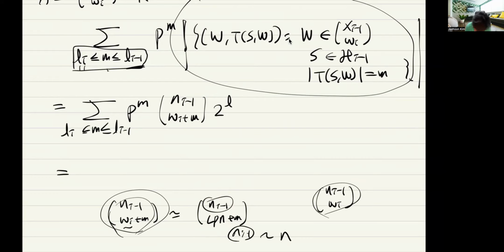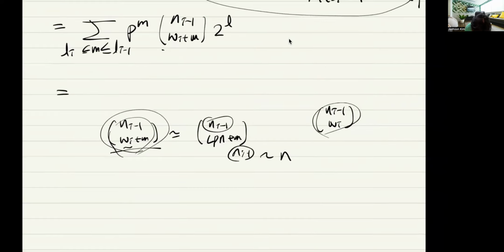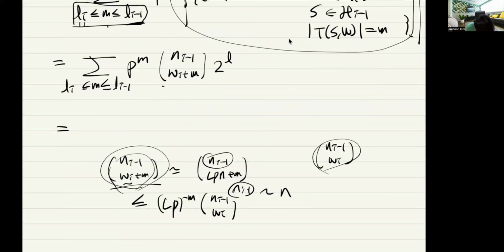And you will see that this is at most L times P to the negative M times Ni choose Wi. And this one becomes L to the negative M and Ni minus 1 choose Wi times 2 to the L.